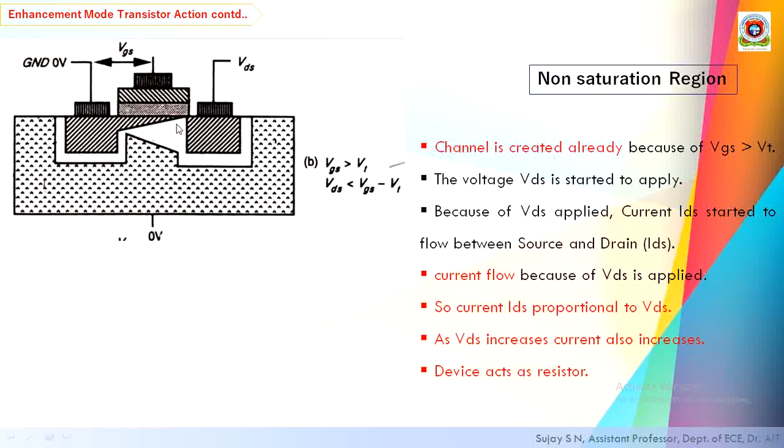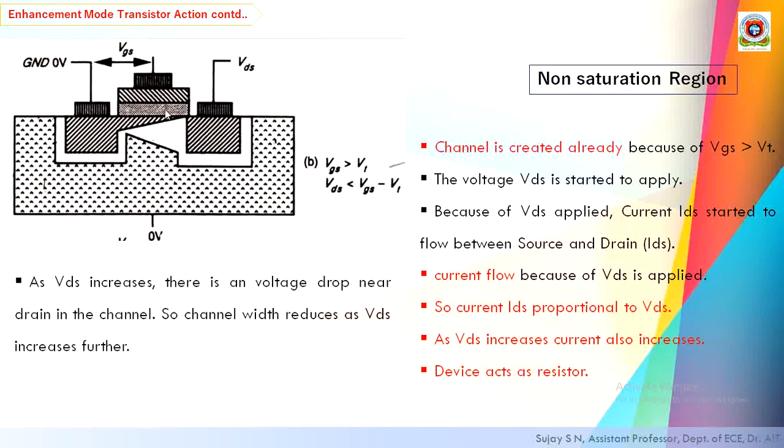Means if you look at the channel voltage near drain, VGS minus VDS, the voltage drop occurs towards drain.